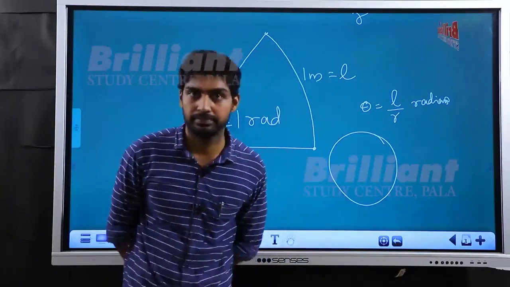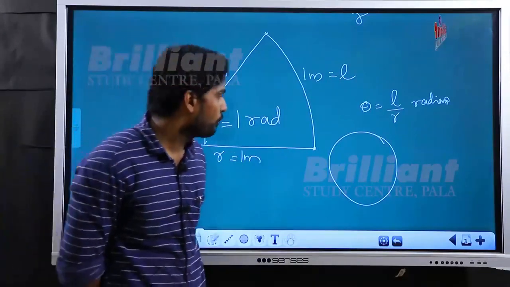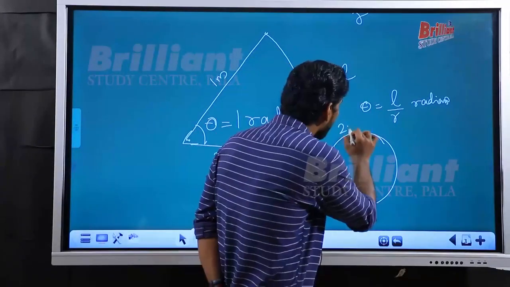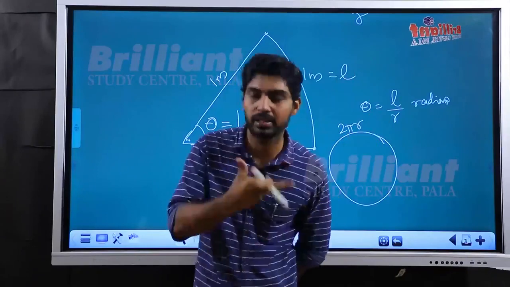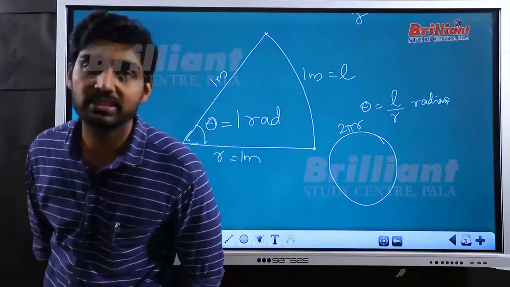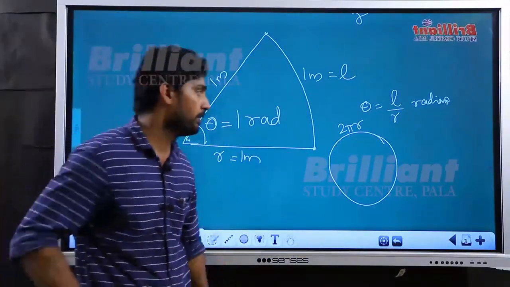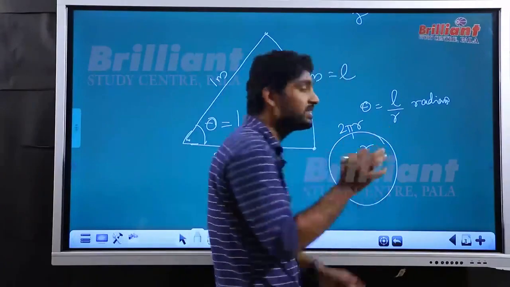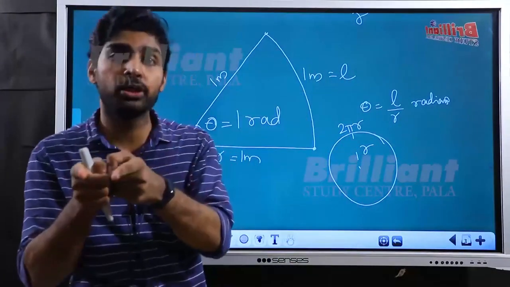Okay. Now suppose we consider a full circle. What is the arc length of a full circle? It is 2 pi r. So if radius is r, what is the angle corresponding to full circle?